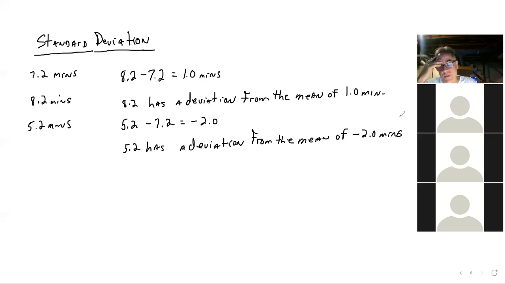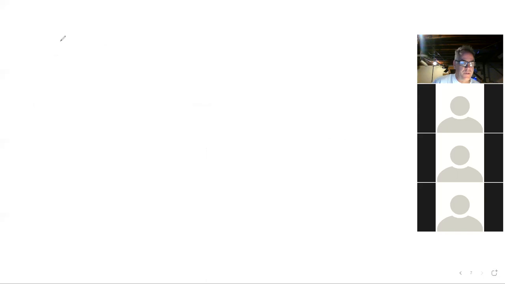And so standard deviation is going to give you an average of all of these sizes. Again, it's going to give me one number. All right. So calculating standard deviation. How are we going to go about calculating it? So turn the page.